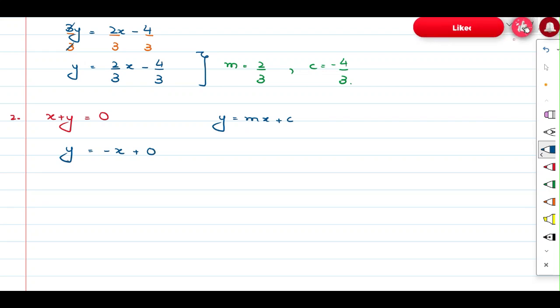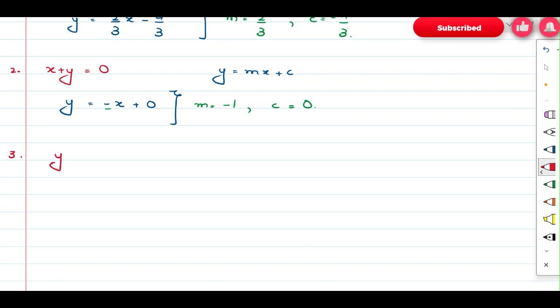Now this is in the form y equals mx plus c. In this case, what is your m and what is your c? The gradient, the m value, is minus 1, the coefficient of x, and the c, the y-intercept, is 0. All right, let's do one more example.